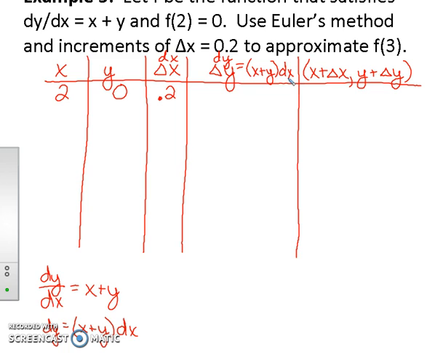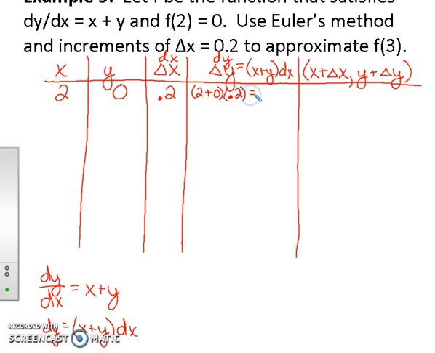So what I'm going to do is move in small increments, so in this case in increments of 0.2 in the x direction, and basically create a new tangent line there with a new slope there. But at the moment, if I move x by 0.2 units, then I'll move y by x plus y times dx.